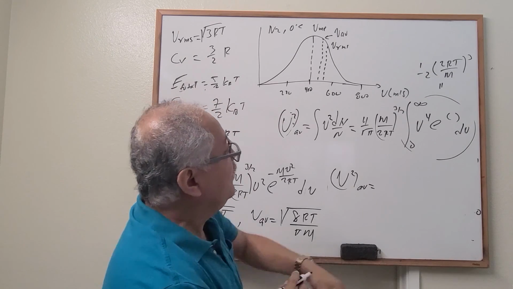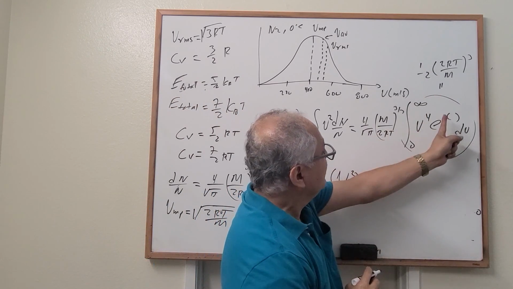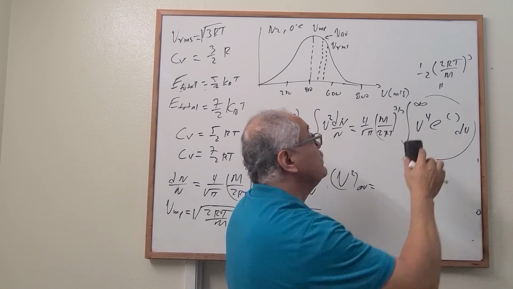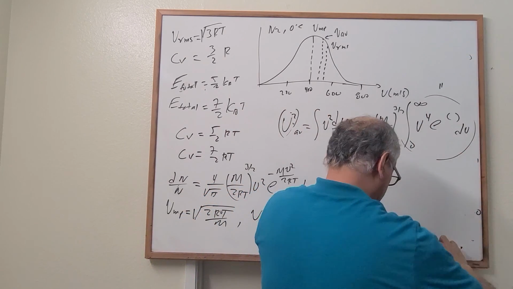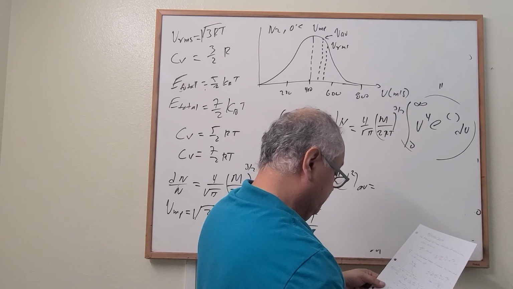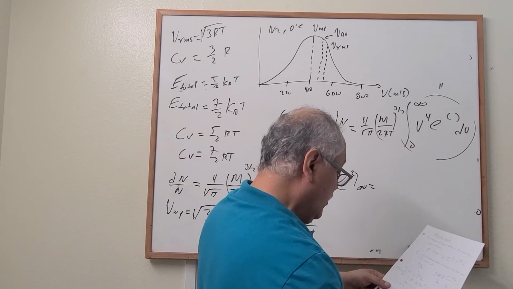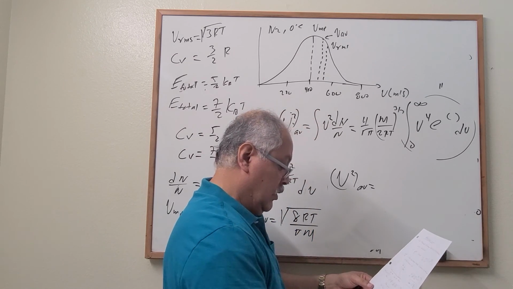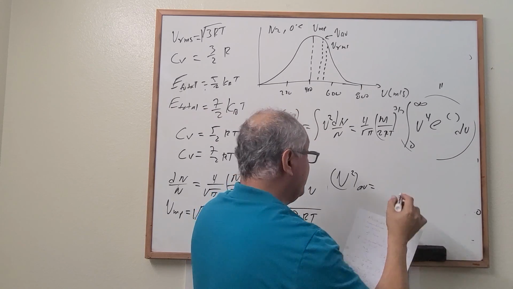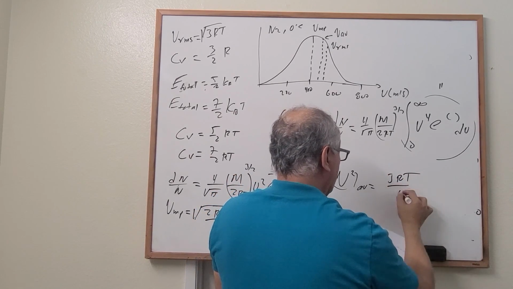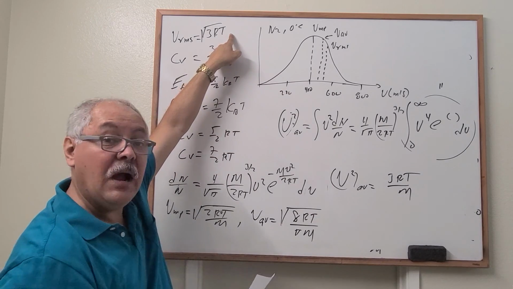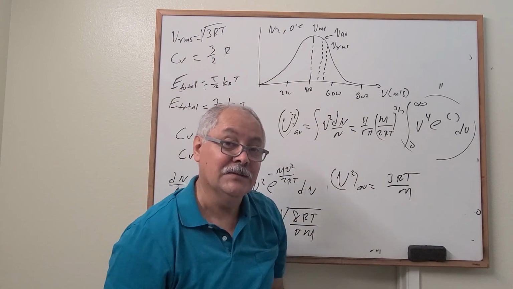And the same thing as before, the integral is coming from tables. The whole thing is equal to 3RT over M, which is the same thing as we found without these calculations.